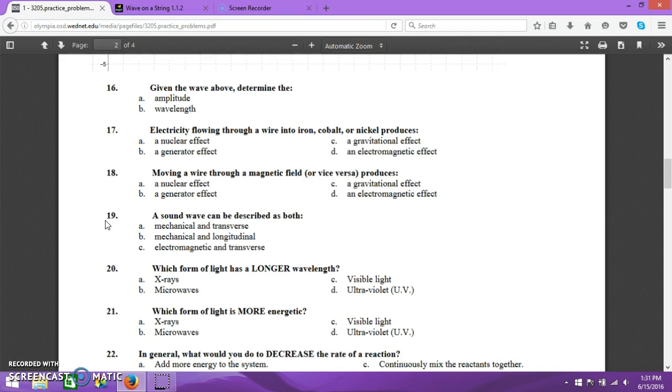Somebody again asked about the generator effect. So going back to 17 and 18, hopefully I've answered that. But again, generator effect simply means that a magnetic field is producing an electric field, which is just another way of saying that if you have a magnet moving, you can produce electricity. And this is how electricity is generated today.